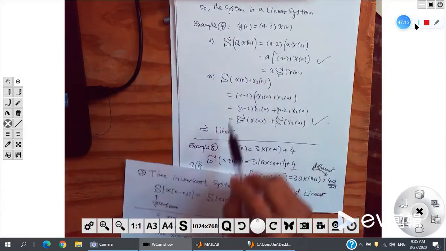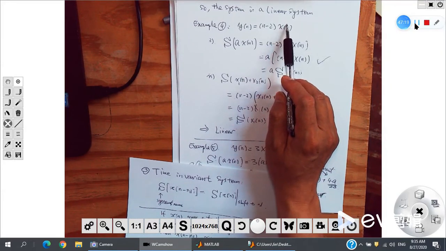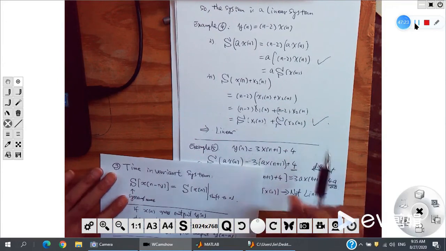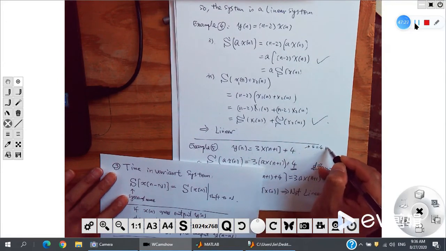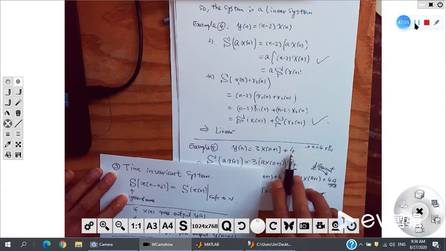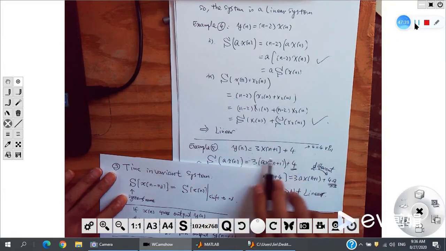We know it's linear because there is only x to the power 1. And this is not, you have a 4. This 4 equals 4 times x to the power 0. It is not power 1, so this is not linear. You check, you have a constant. That means you have a term with 0 order. Linear must be first order.